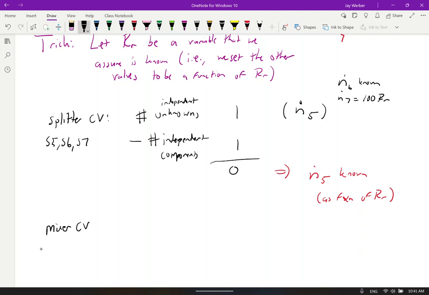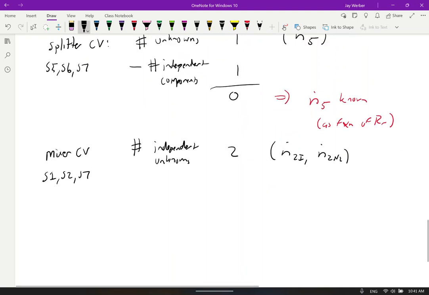So this is the mixer CV, and this is stream 1, stream 2, and stream 7. So we have the number of independent unknowns. And this is just 2, and this is N2I and N2. And how many independent components do we have?